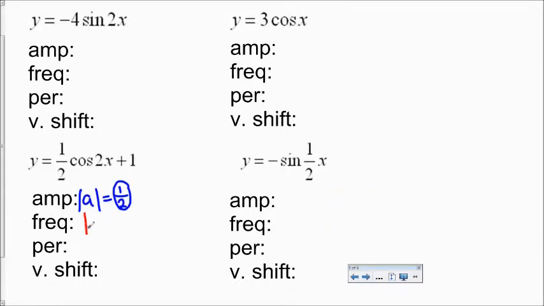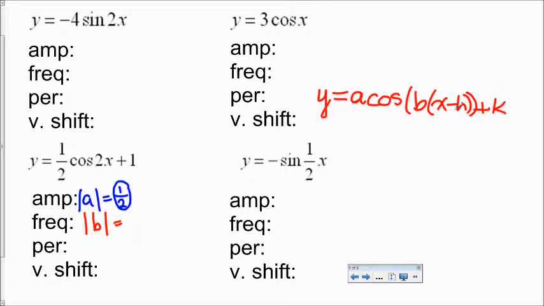In this case, b, and I think it might be helpful, let me write over in this space the sort of generic format. So we say y is equal to a times the cosine of b(x minus h) plus k. We don't have any minus h in the example we're looking at.